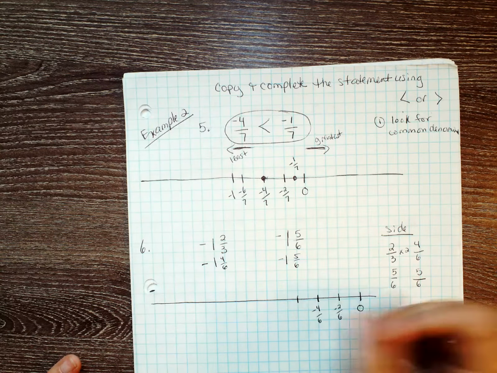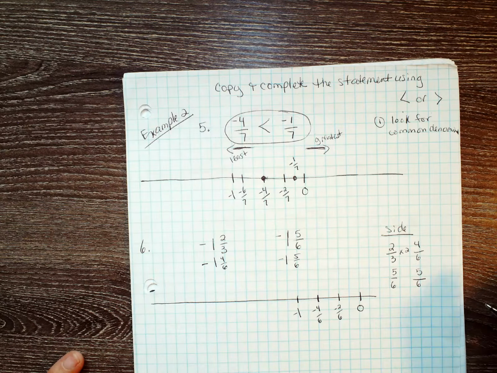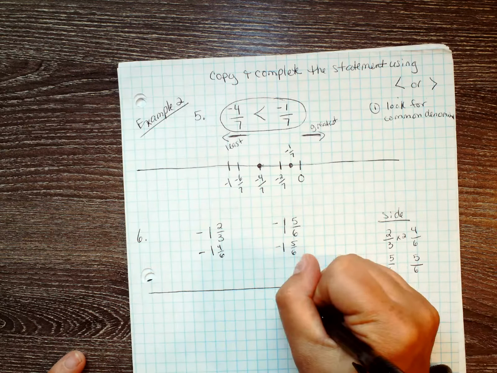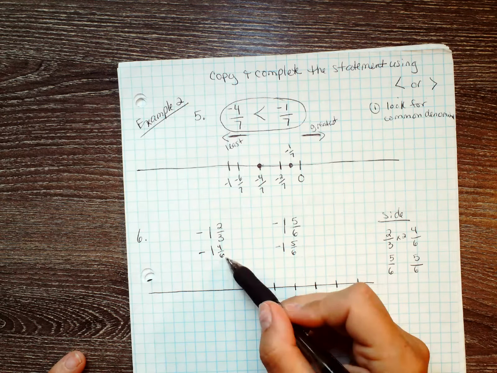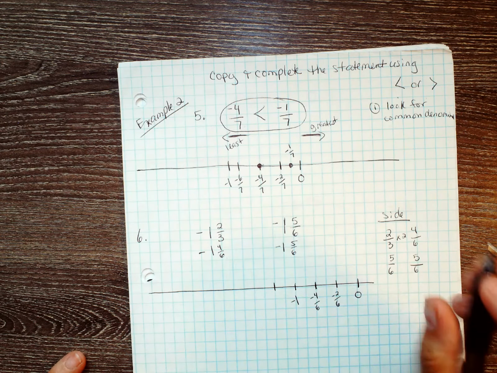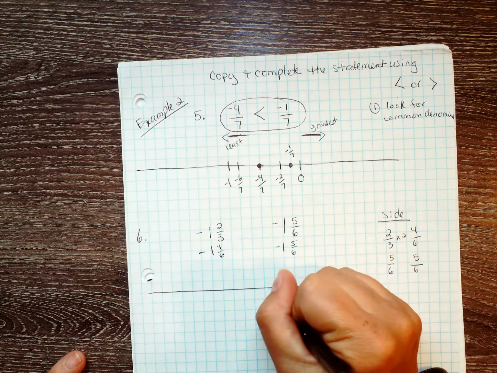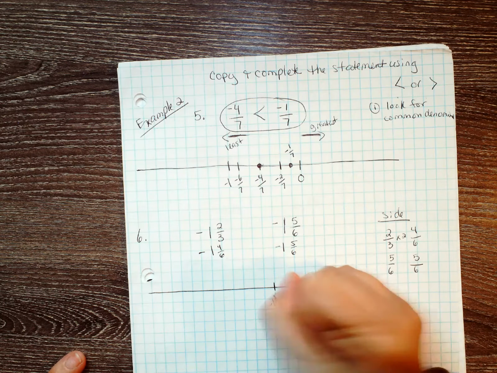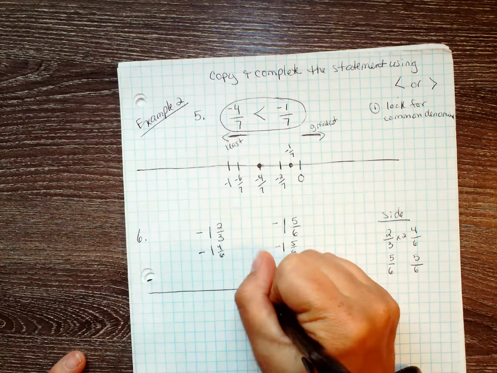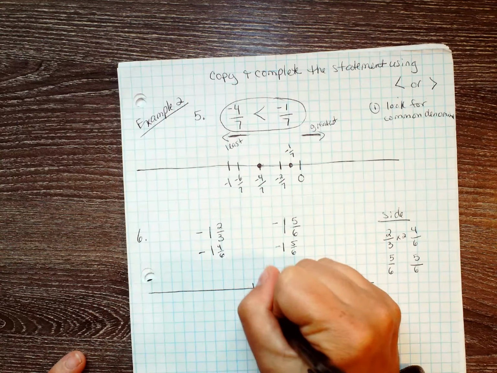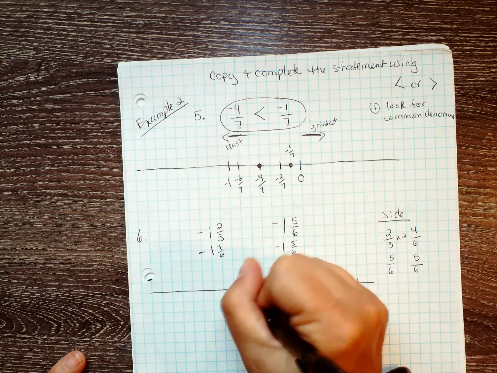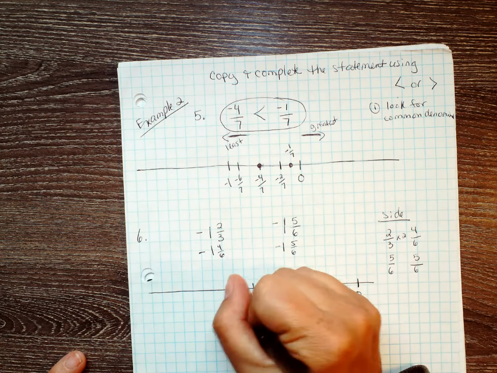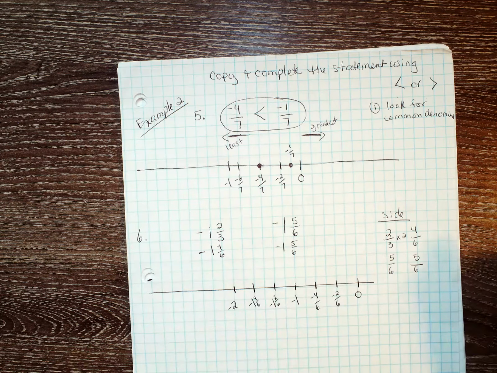And this is going to be -6/6, which is really -1. Then I'm going to keep going because I have to go to -1 4/6. So that means I have to go to -2. So this is -1 2/6. Skip, this is -1 4/6. And then this is -1 6/6, which is really -2.